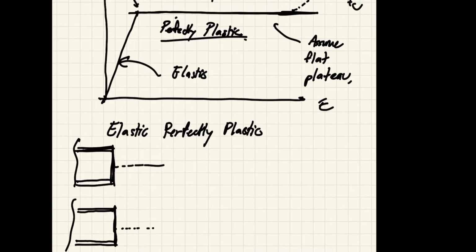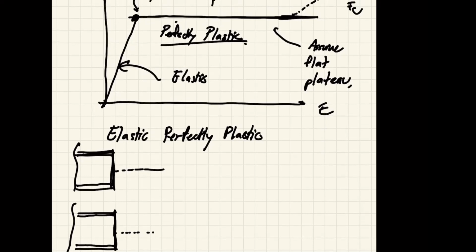Now, when we first reach here, when your material yields, your strain will look like that, correct? Remember your bending theory. So let's say this is when your first yield occurs.